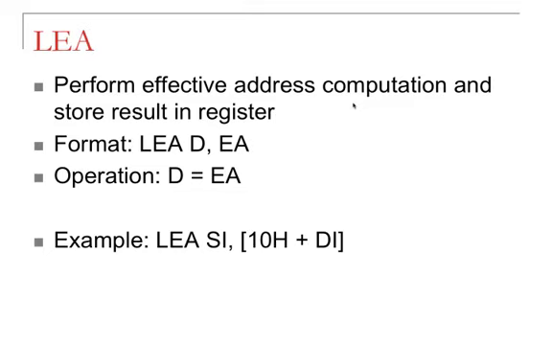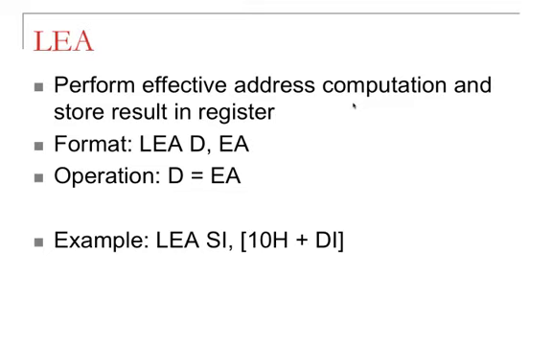The addressing mode for this particular source operand is register relative. And the way to calculate the effective address is to add this 10 hexadecimal to the value of DI. The sum of these two numbers is the effective address.